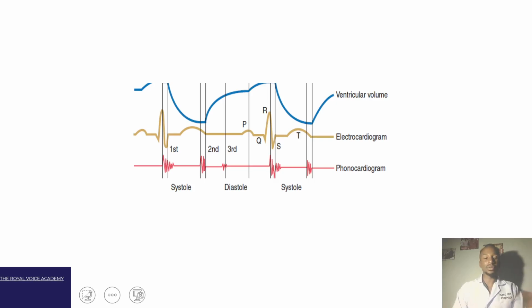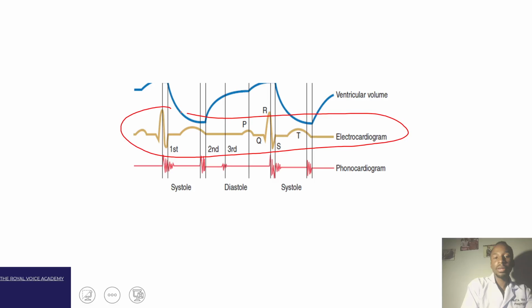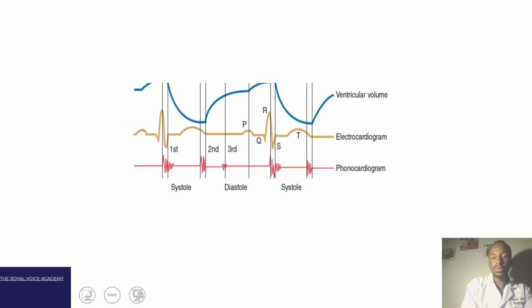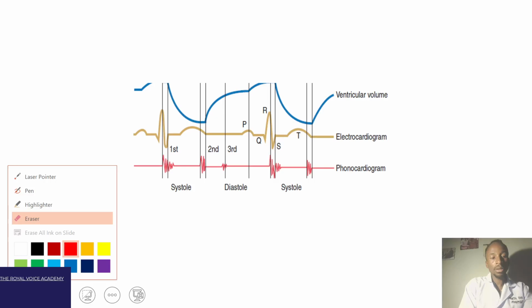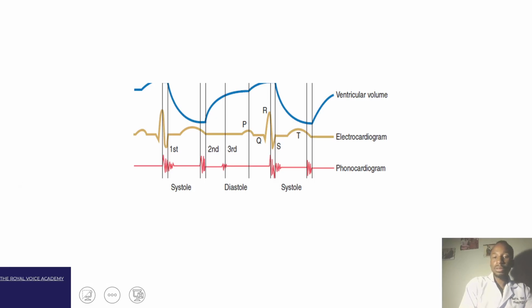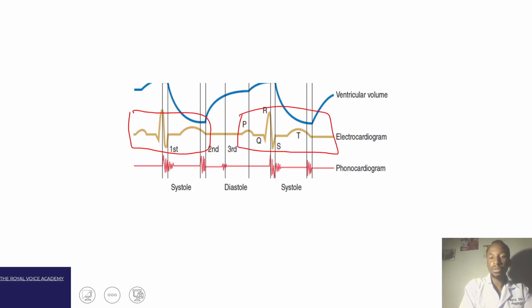This is now our electrocardiogram. Because we've now understood all of those parts, let us begin with this portion here. This portion is the same as this portion, so they're just the same.